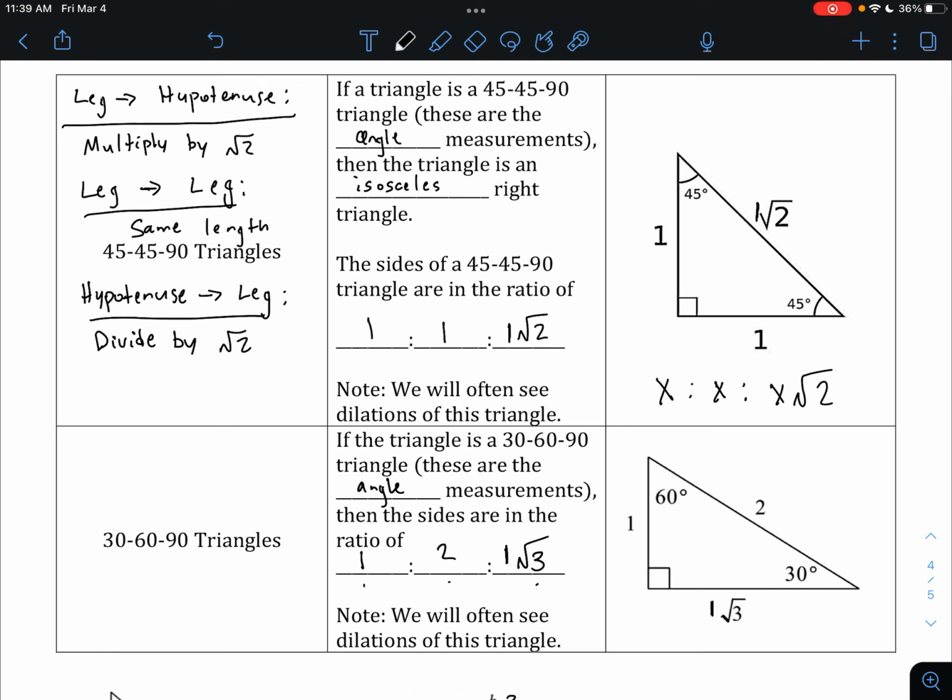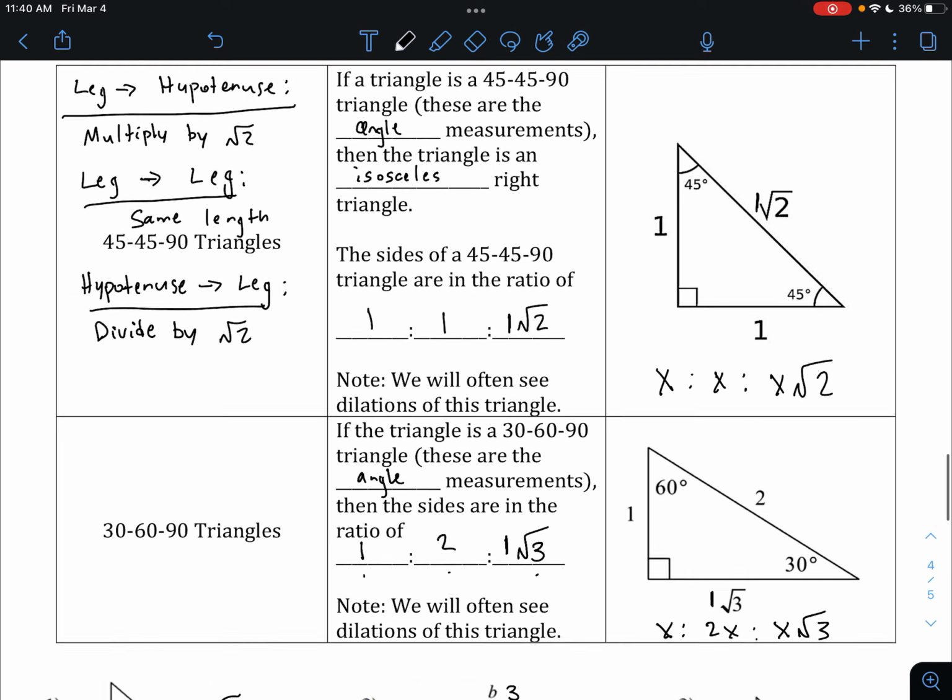So anytime we know our short leg, I can use that information to find my long leg and my hypotenuse. I can also write my proportion like this, where I've got x, 2x, and x square roots of 3.